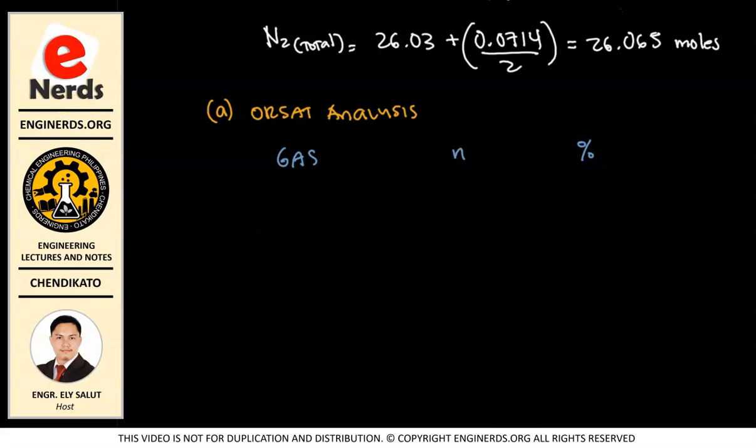So what gases are we expecting in our exhaust? We have CO2, carbon monoxide, unburned H2, SO2, and nitrogen.